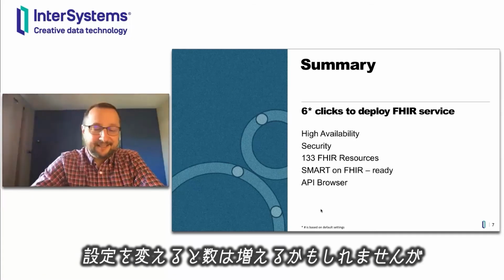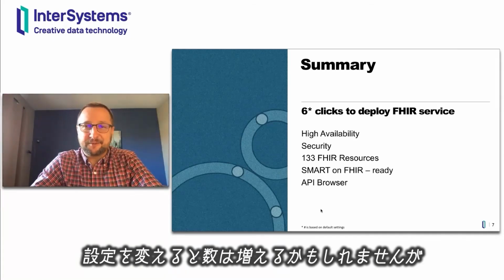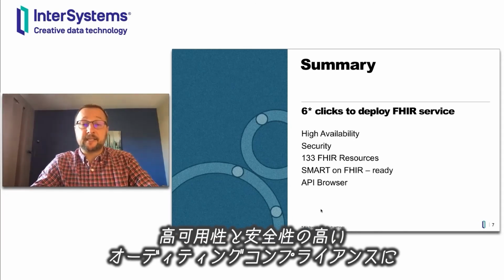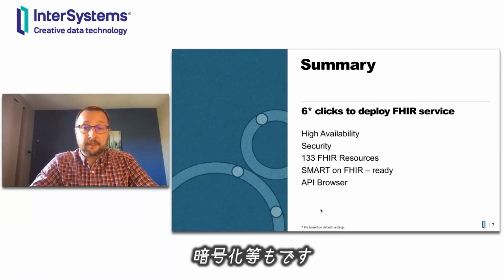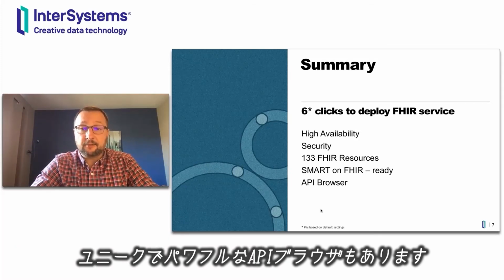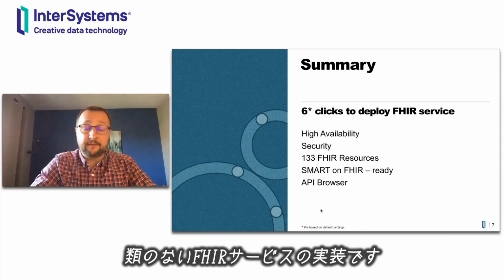If it's a deviation from default, it's probably a little bit more, but in 6 clicks, you get the FHIR service with all 133 resources, high availability across 2 availability zones, full security, auditing, compliance, encryption, and so on. You get a system that is ready to run your SMART on FHIR applications, and you have quite a unique, quite powerful API browser that, frankly, I haven't seen in any other implementation of a FHIR service yet.